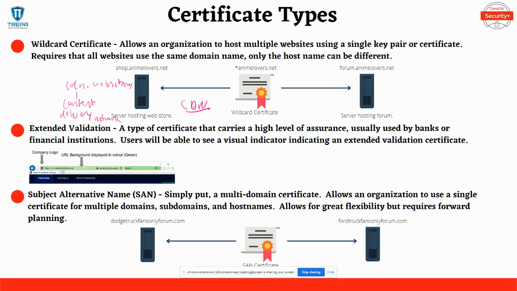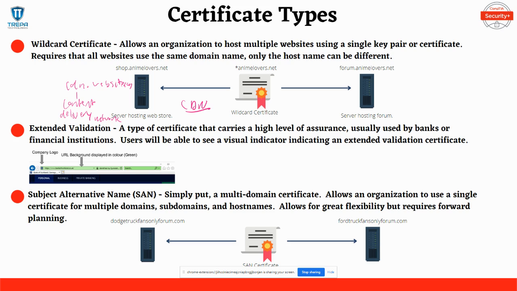An extended validation certificate carries a high level of assurance for customers. When an organization uses an extended validation certificate, there will be indicators in the URL bar of the website, like the company logo or a green background, indicating that the company is secure. This is just, again, getting a certificate from a root CA with extra attributes essentially to give it more authenticity, right?